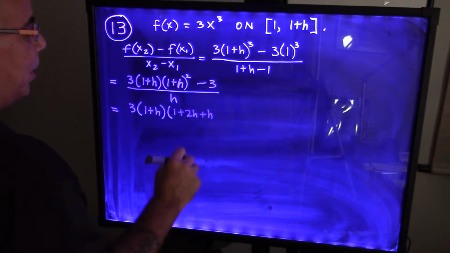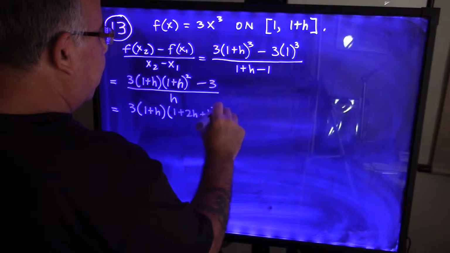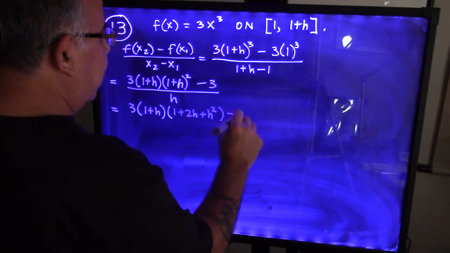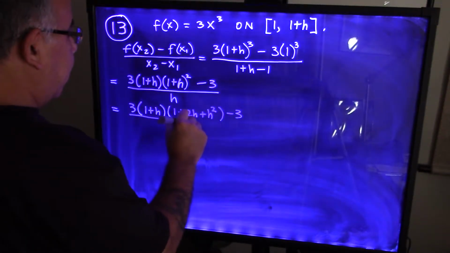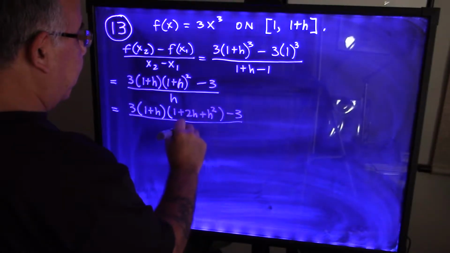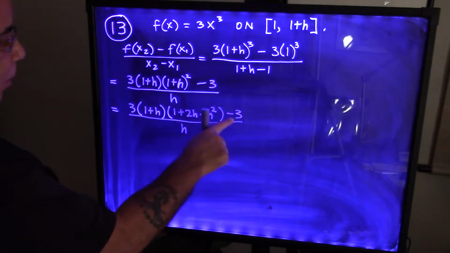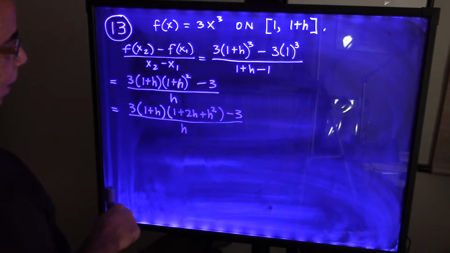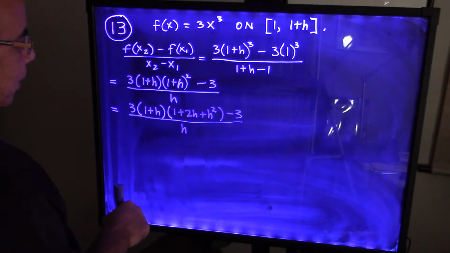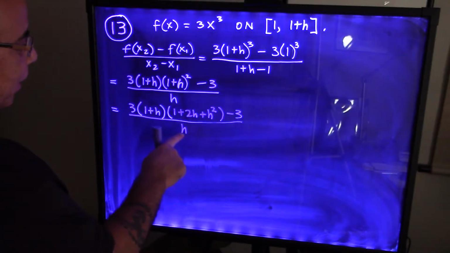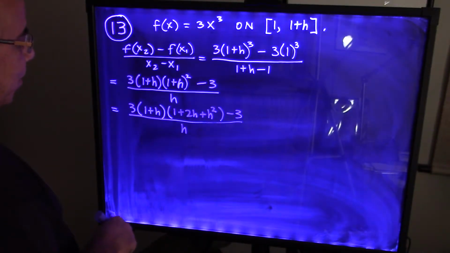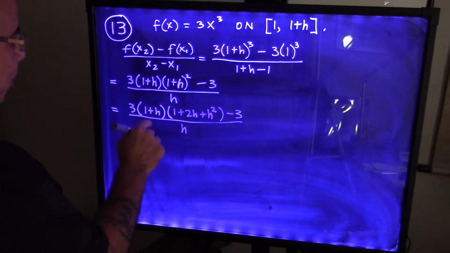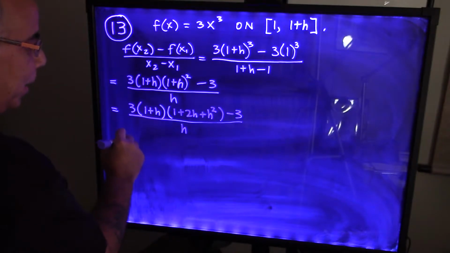So 1 plus 2h plus h squared, minus 3, all over the h. You might notice you could factor a 3 out on top. There's nothing that you can cancel with down below, so just leave it alone for now. Maybe we could see something later.